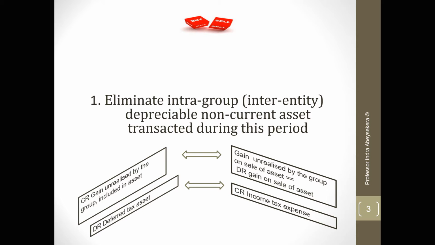What we need to understand is, when there is an asset being sold from parent to subsidiary or subsidiary to parent, the one that is selling in this instance is making a gain, and the one that is receiving the asset is recording that asset, which includes the gain.